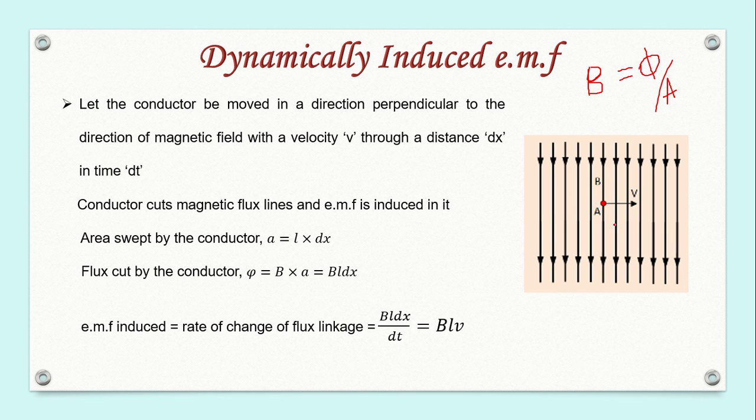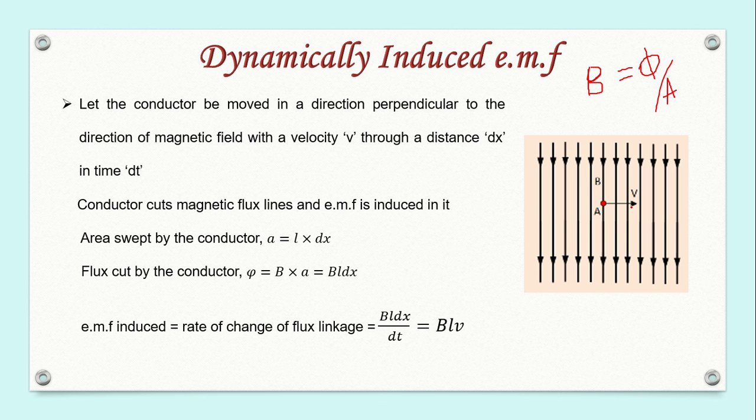Okay, so the conductor is moving in this direction with a velocity v, and during that course of movement, the conductor is covering a distance of dx in time dt.